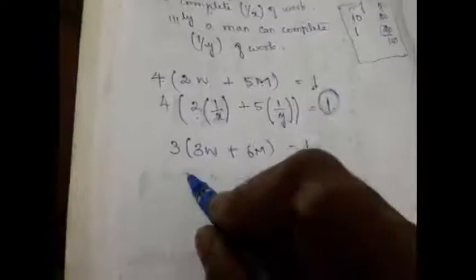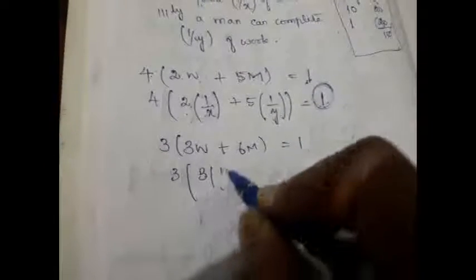Similarly, what is your next equation? 3 women plus 6 men can finish the entire task in 3 days. So, which means 3 into 1 by x plus 6 into 1 by y equals 1.